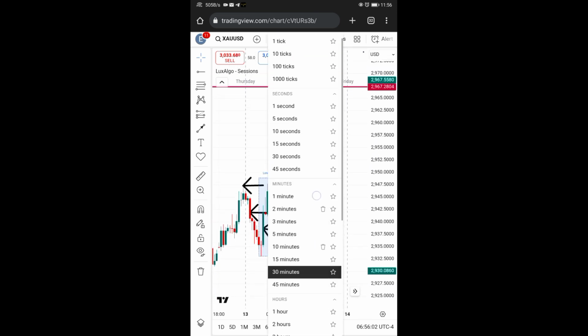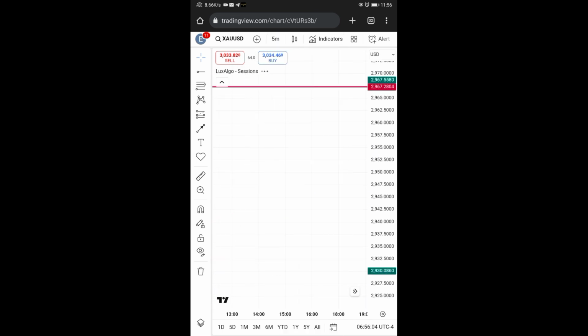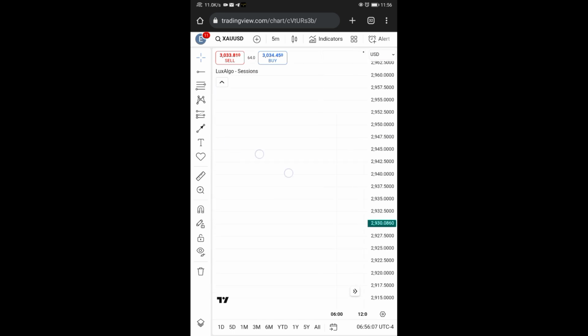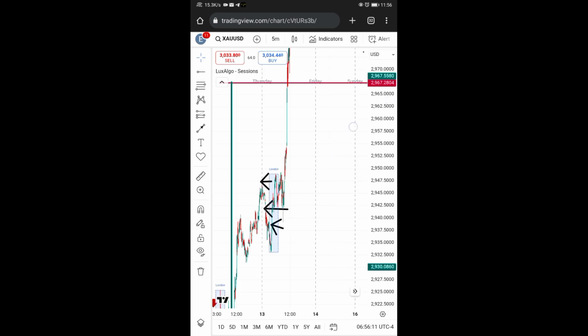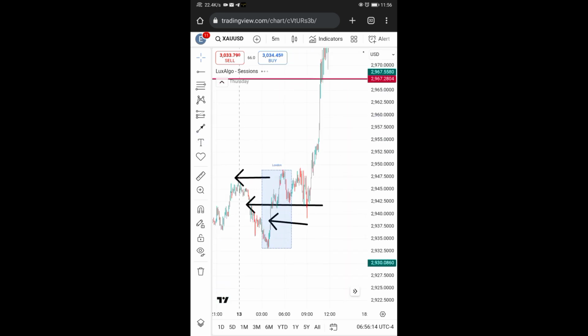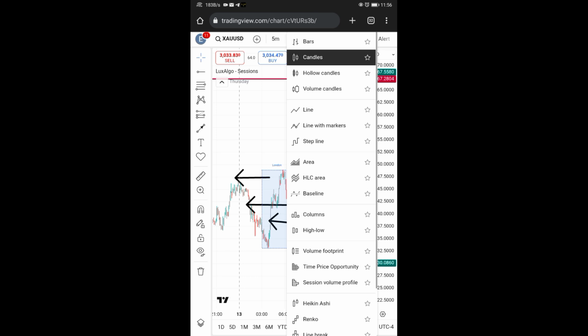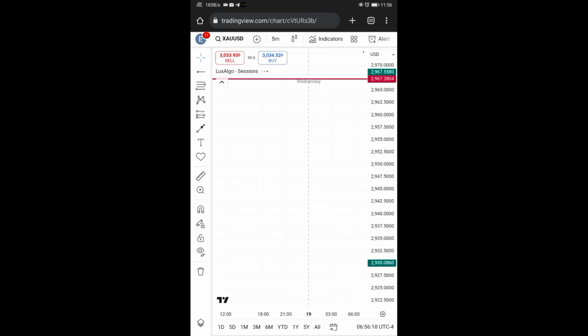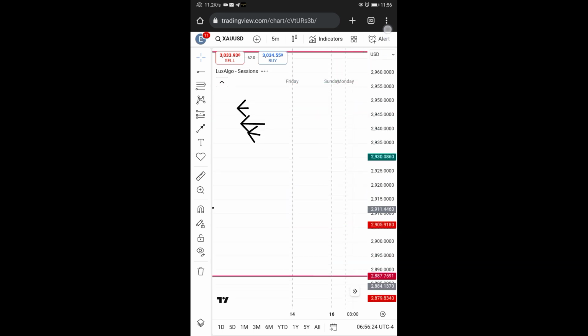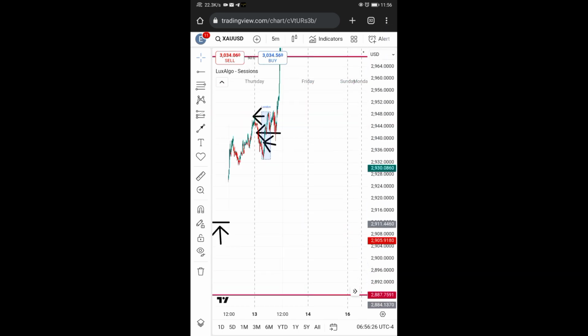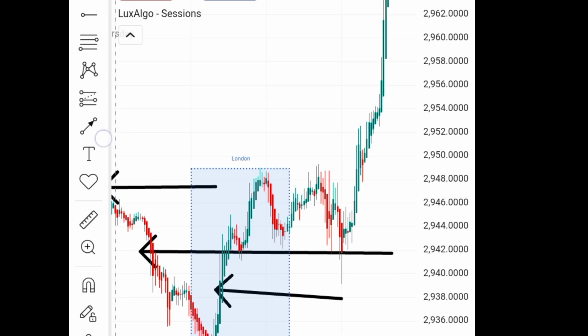So let us move to our 5 minutes together. Let's turn our chart to Heikin Ashi candle.